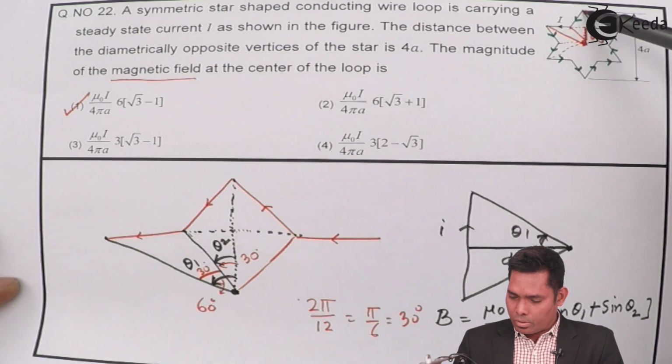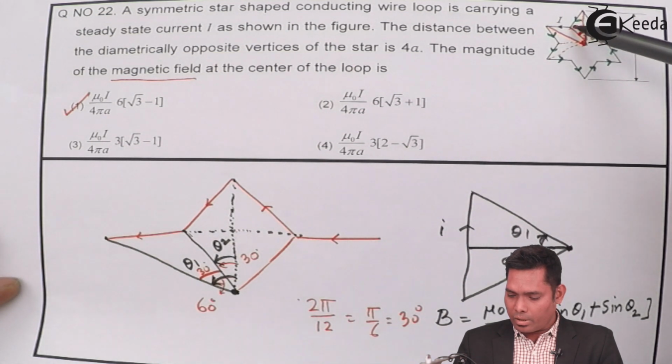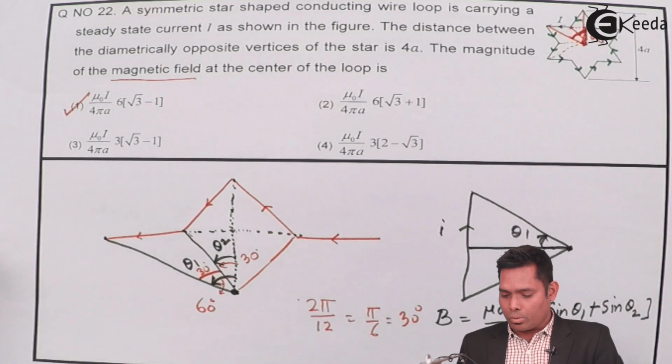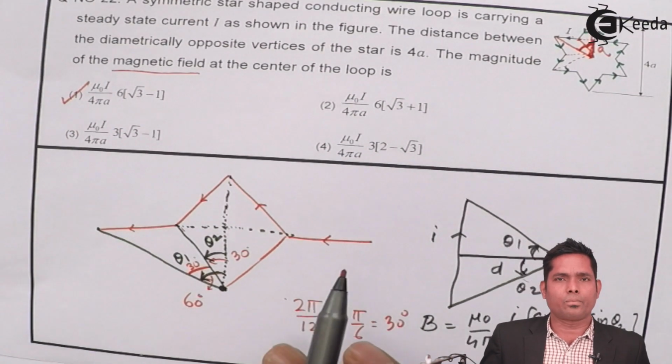This is 30 and this also projects 30, so it is 60. So from this baseline, this point projects an angle of 60 degrees and this point projects an angle of 30 degrees. So theta 2 will be minus 30 and theta 1 should be plus 60. So putting that, we will get the answer.